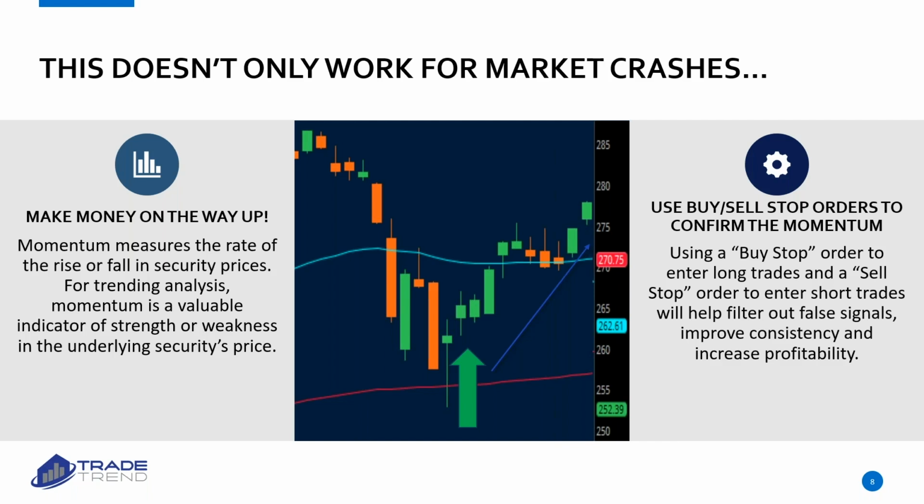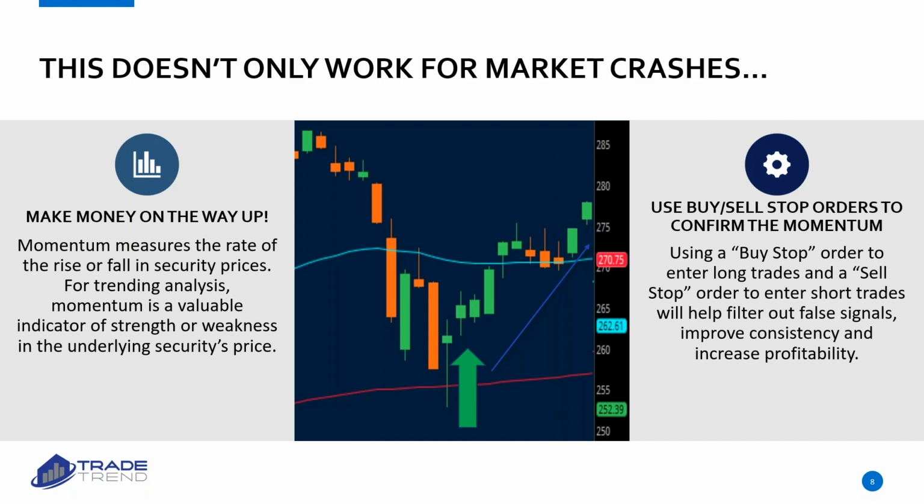For the long side, like what we're looking at here in the chart, we would use a buy stop order. For the short side, we'd use a sell stop order. This helps filter out false signals, improves consistency, and increases the profitability of the system. We programmed this special entry technique into our Tradetrend add-on for MetaStock, and I'll talk to you a little bit about that in a second.